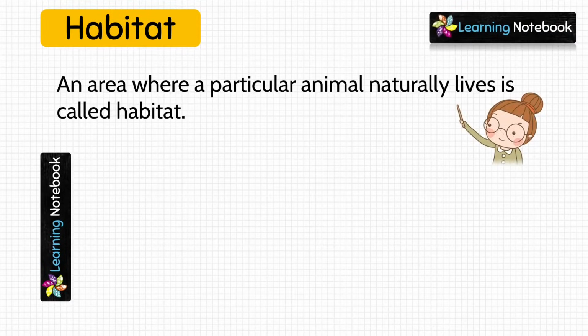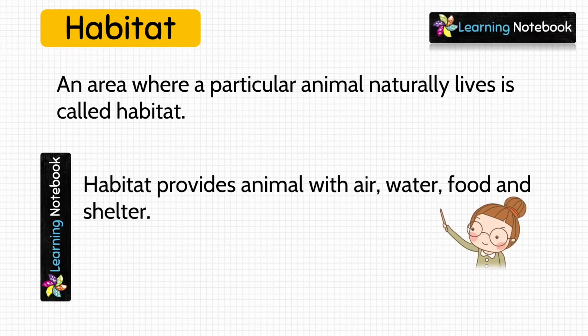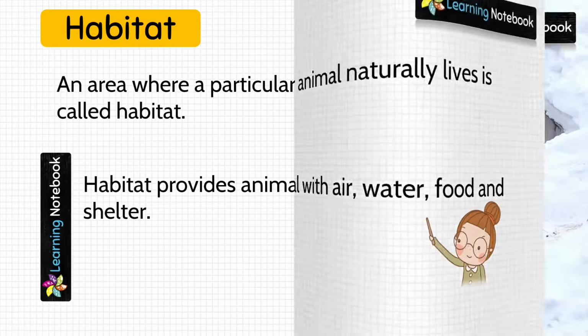An area where a particular animal naturally lives is called habitat. And a habitat provides animals with air, water, food and shelter. Let's understand habitat with the help of a few examples.